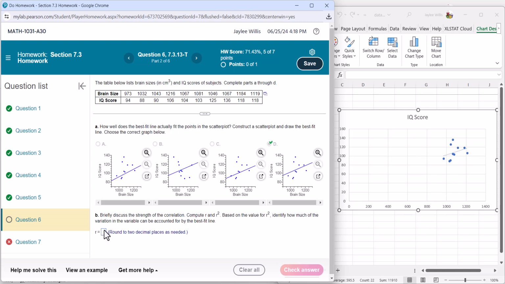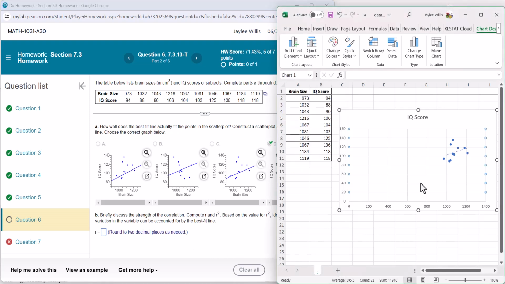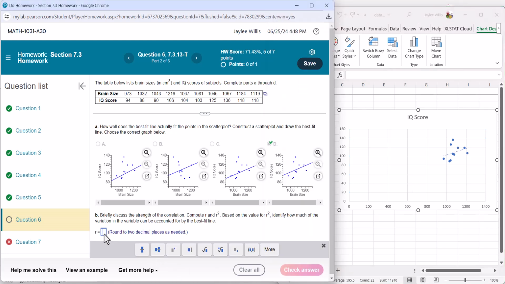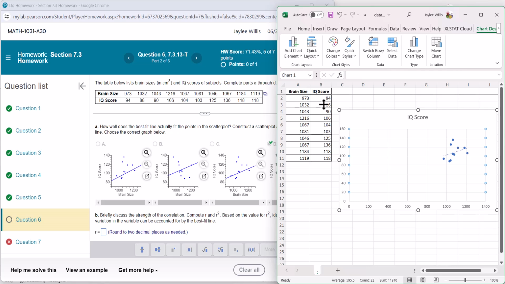Then our next step is to calculate R, which is the correlation coefficient, which tells you how correlated your two variables are. If it's a positive correlation, that means as one variable increases, the other one increases as well.